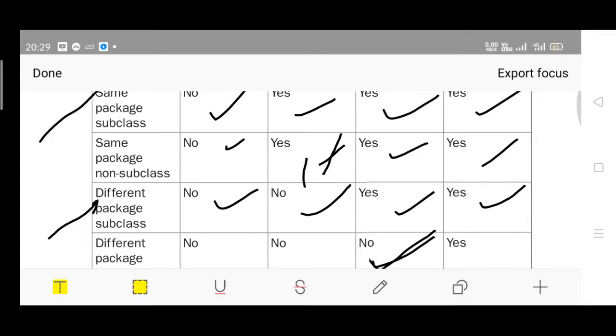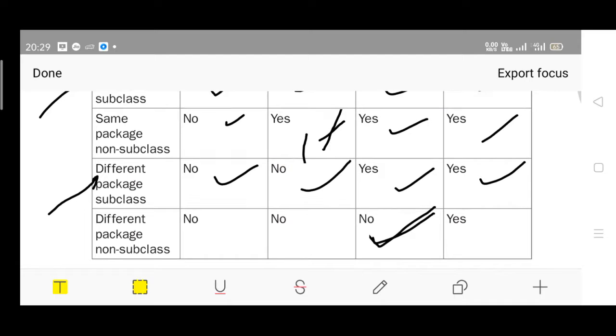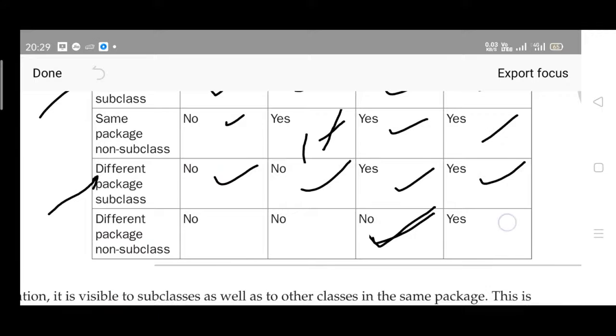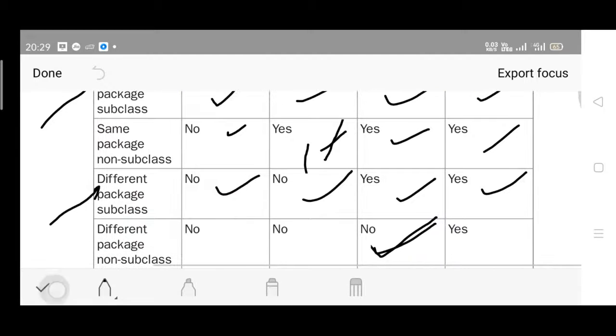So for a non subclass in a different package, you need to mark it as no. In case of the same package, of course it is accessible. Then private, obviously it is no. Then default, it is no. Only the public member is accessible from anywhere, that's why for public it is marked as yes. Very simple concept.